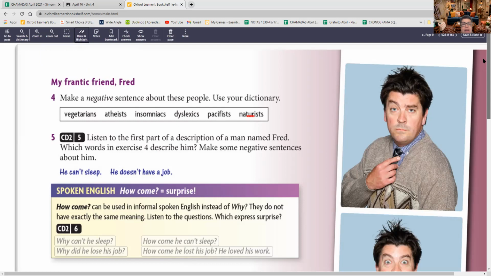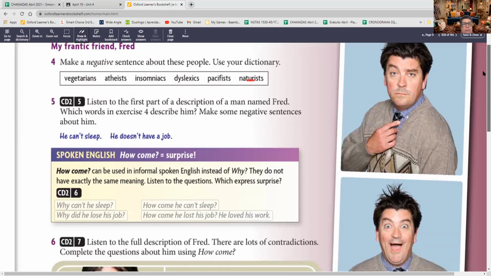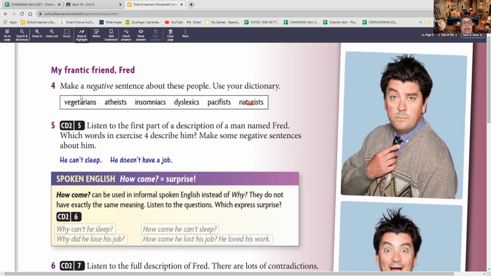Okay, so now that we've seen the vocabulary, they want us to make a negative sentence about these people. So, vegetarians, for example, what can we say about them? Vegetarians don't eat meat. Excellent. Don't. Okay, perfect. Now, atheists.